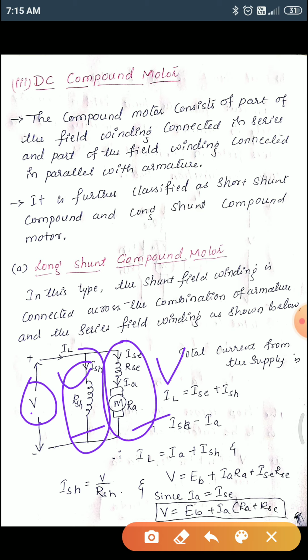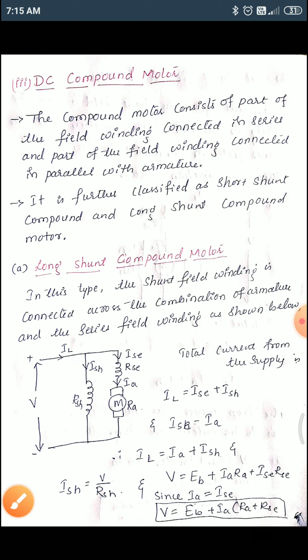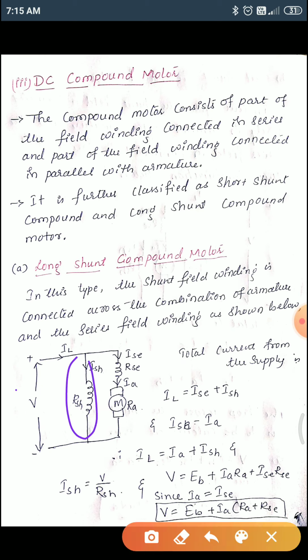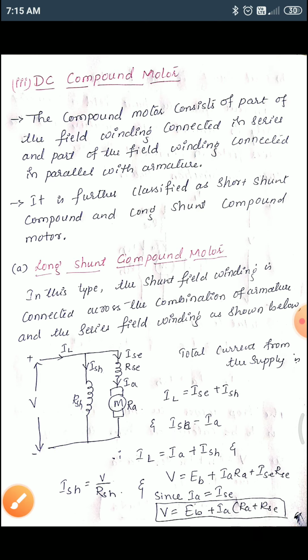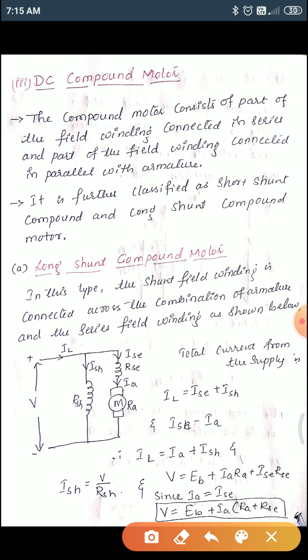So let's write both the equations. First, with respect to this one, V is equal to the voltage across this, that is ISH into RSH. So from this, ISH can be written as V divided by RSH. This is one term. Another one is that V can be expressed in these terms also. V will be equal to the voltage across this plus the voltage across this.